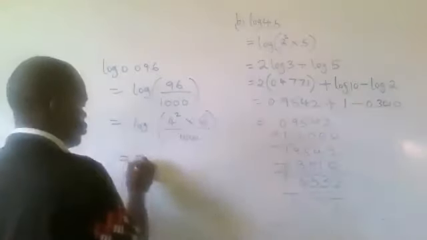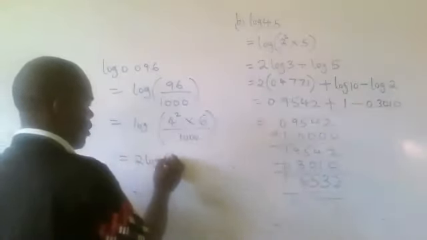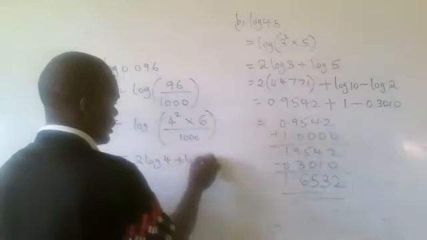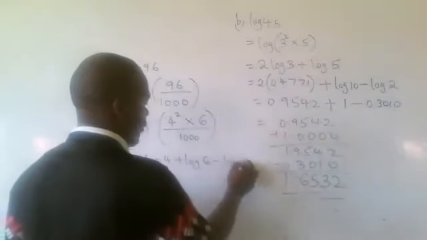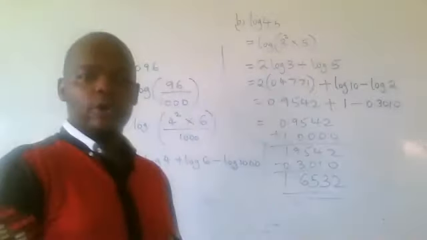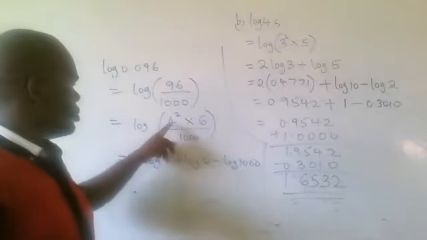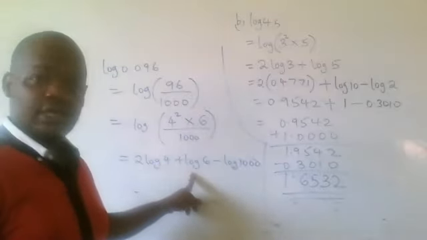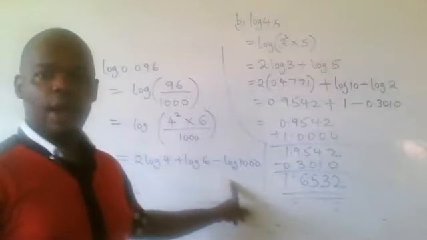So this comes to 2 log 4 plus log 6 minus log 1,000. So we are applying the laws of logarithm.